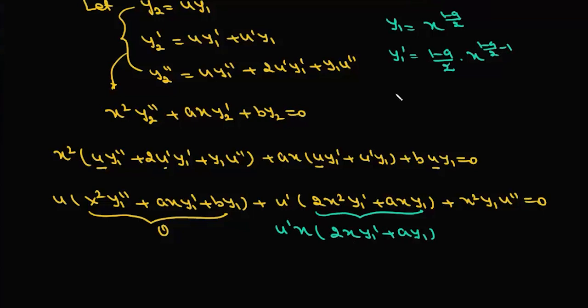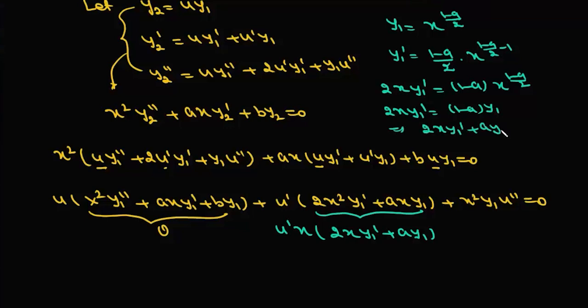Now if you multiply 2x, then 2x y1 dash will be 1 minus a into x to the power 1 minus a by 2, which is nothing but y1. So it will be 2x y1 dash plus a y1, which is 1 minus a y1 plus a y1, or simply y1. So we can write this as u dash x into y1.